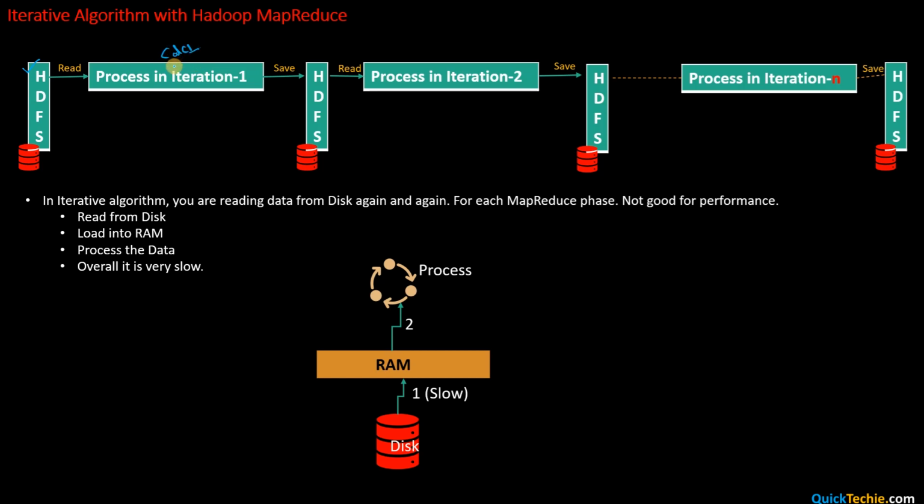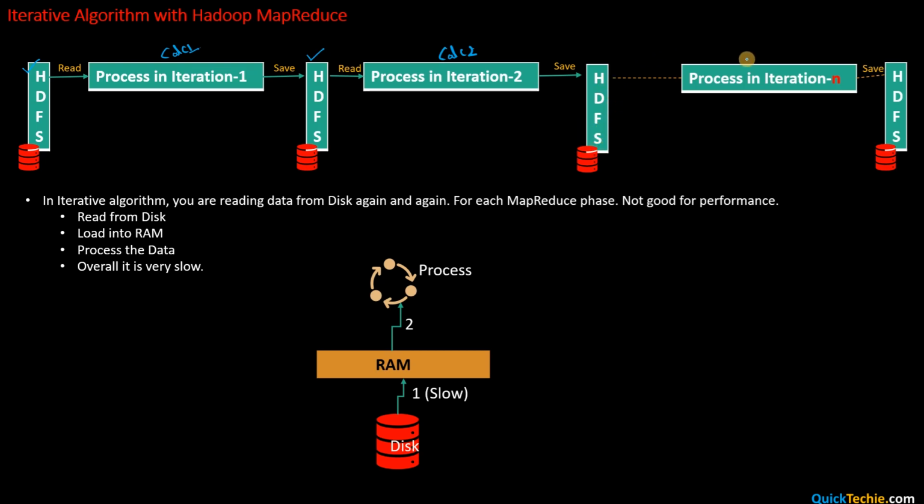If you are using the Hadoop framework, after calculation you generally save your data back to HDFS. Then in the next calculation, that is iteration 2, you again read data from the disk or HDFS platform and do the calculation, and you save the result again in HDFS on disk.